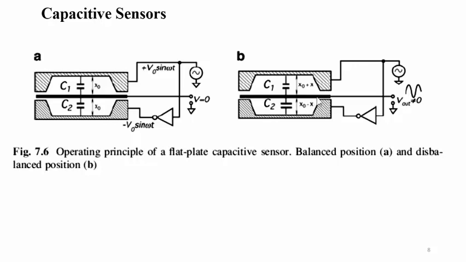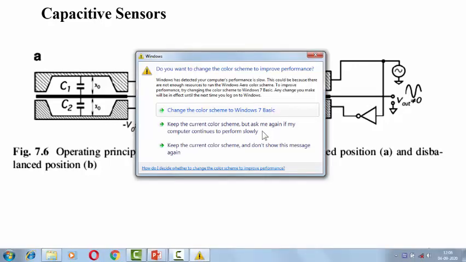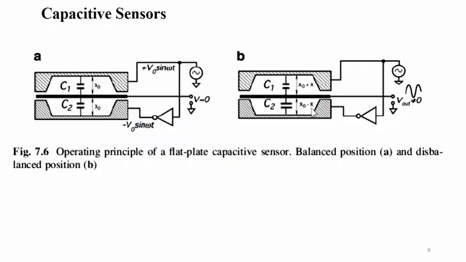The second condition is where the dielectric material is located in between the two plates. In this case we can see C1 and C2. This dielectric plate is nearer to the second plate of the capacitive sensor, so we are getting a change in the output.